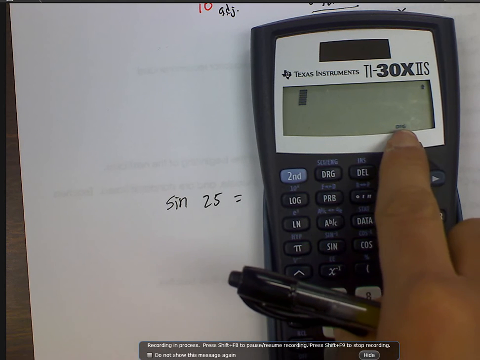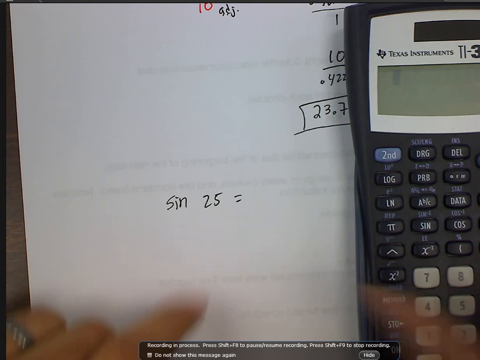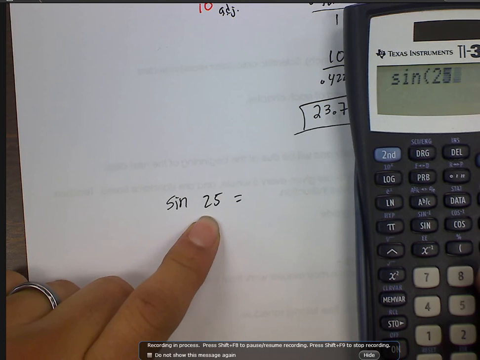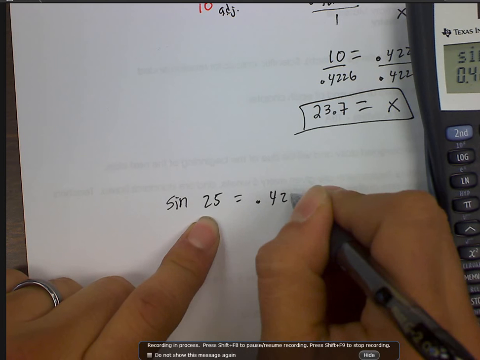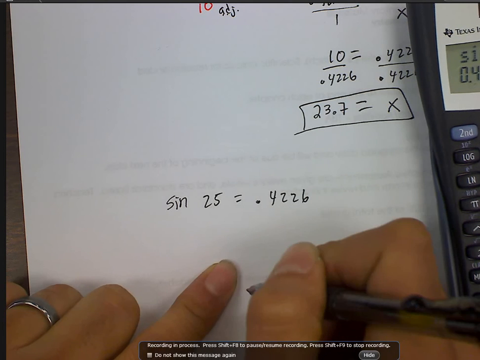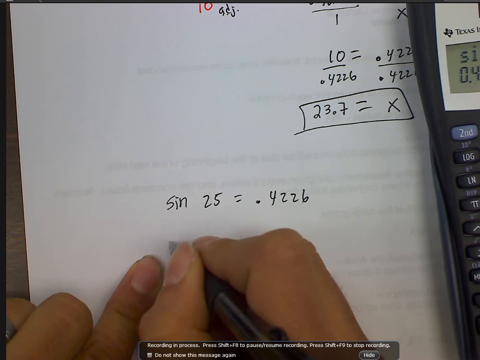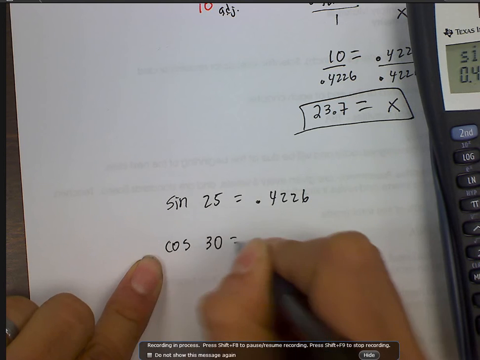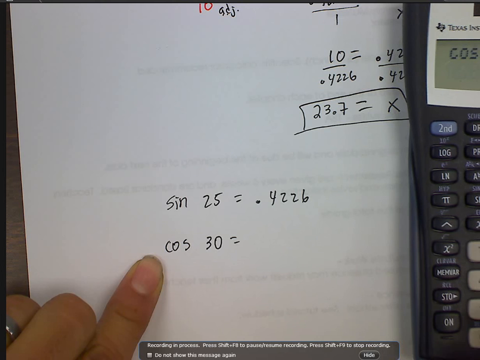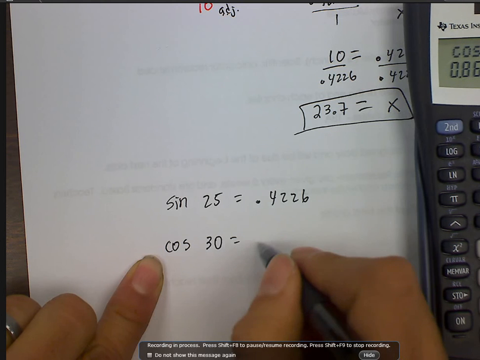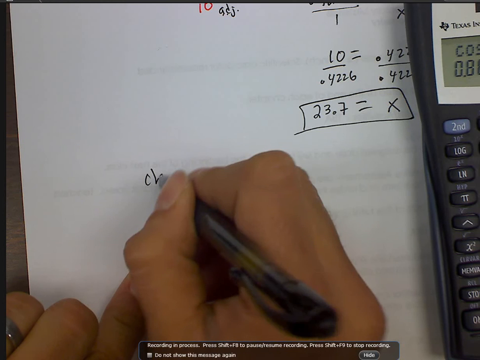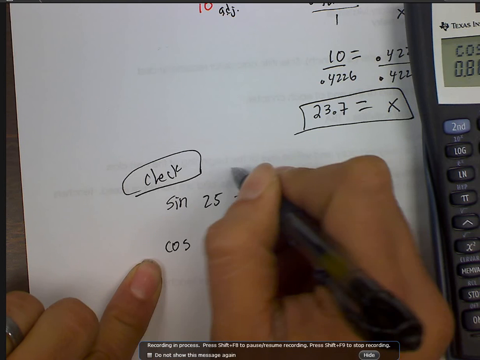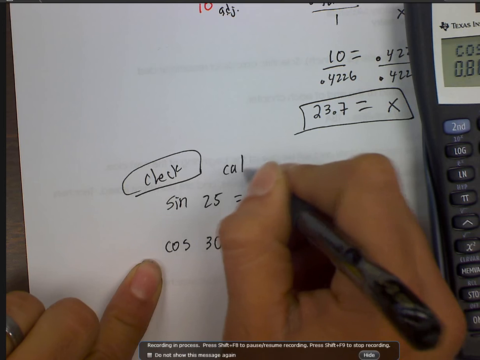So let's check really quick. Sine of 25 is 0.4226. Now let's do cosine of 30. Cosine of 30, you are getting 0.8660. So this is just checking to make sure we are on degrees. The calculator must be on degrees.